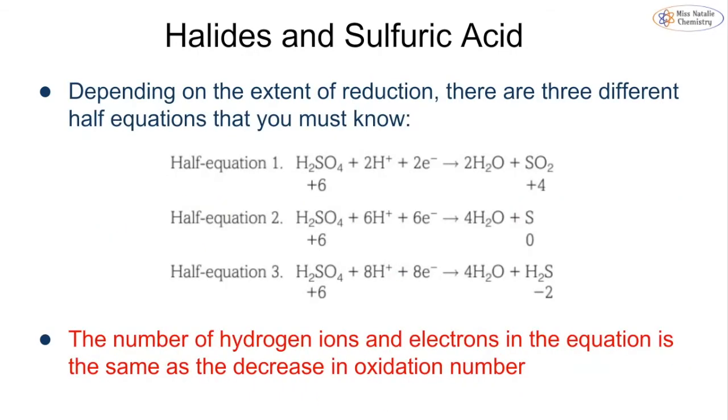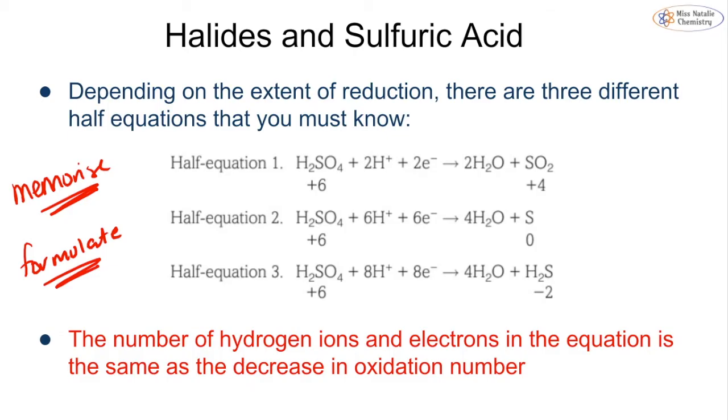Now, depending on the extent of the reduction, you should then know 3 different half equations. And you can see that we have the half equations here. I would strongly suggest that you memorize these, or you can formulate the half equations.